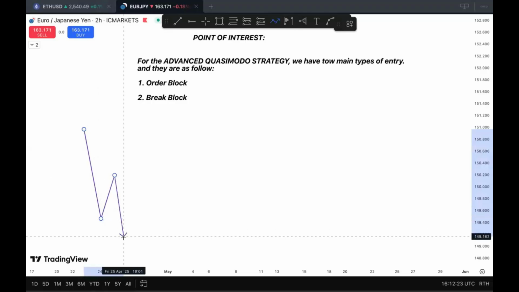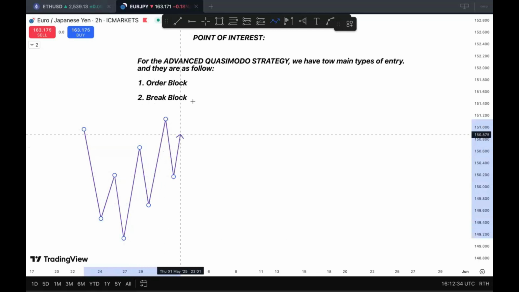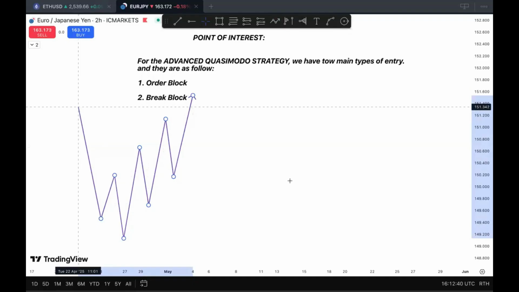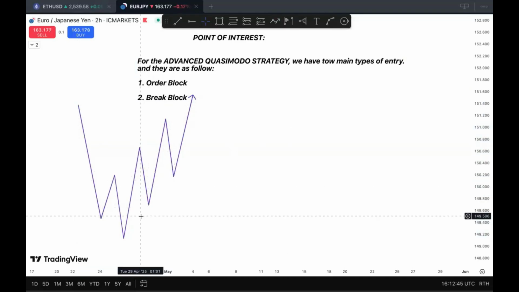Remember, we sweep and then transactional liquidity, and then we have structural liquidity, and then the market keeps buying. When we have a structure like this, this is the structure we trade.